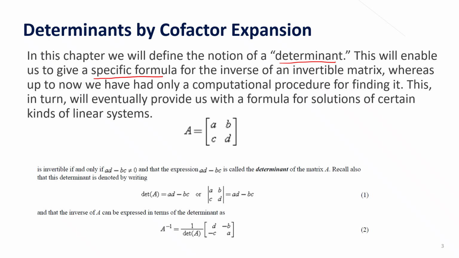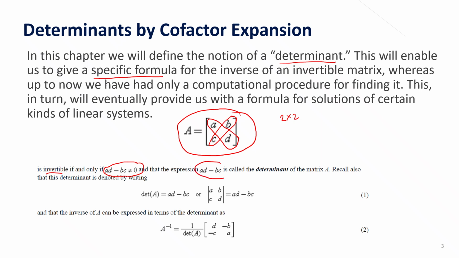Earlier we were introduced to calculating determinants for a 2 by 2 square matrix. We know that it is invertible if and only if the value of the diagonal a multiplied by d, minus the other diagonal, b multiplied by c, is not equal to 0.